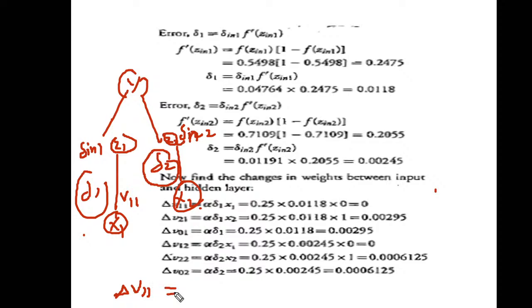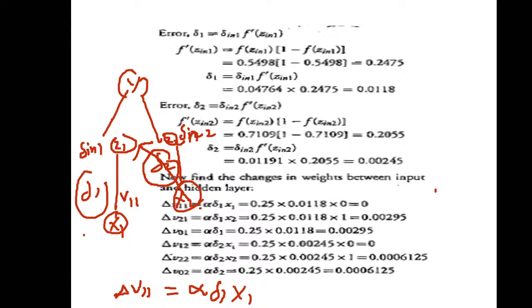To calculate this, alpha will always be there: alpha into the error, delta 1, which is coming from here, and the input is x1, so we write x1. Similarly, suppose I want to calculate from x2 going to z1, that means this is v21.